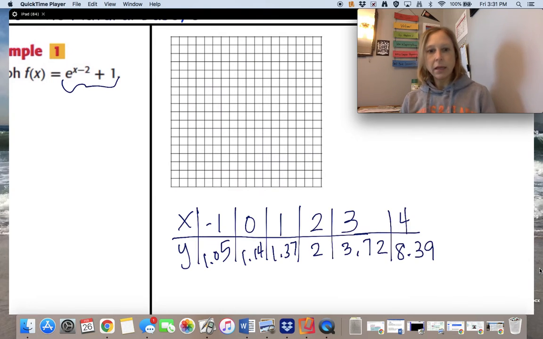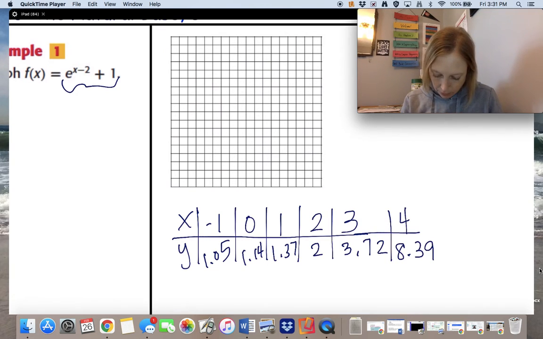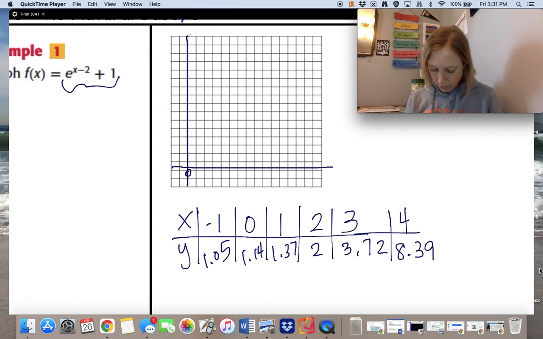Now let's go ahead and plot these on our graph. I think I'll be okay with just having that -1 there. So I'm going to draw my axes. My x value, I don't need to go very negative. My y, I have no negatives, so I'm going to just draw it kind of in the corner here. So this will be my 0, 0.